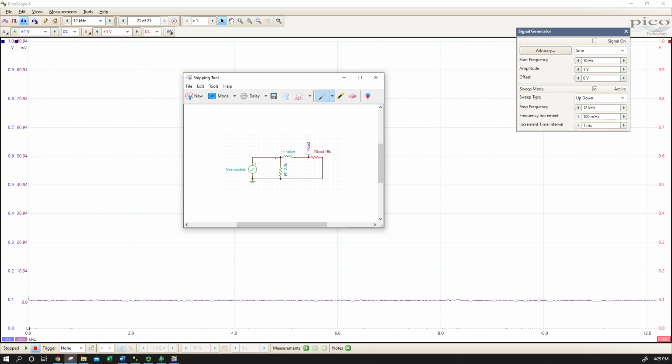Another way we can think about that is the voltage at this node between our inductor and our R1. The voltage drop between that and the other side of the load is, of course, the full voltage of the circuit, and we've got a bit of a voltage divider between our inductor and our load.